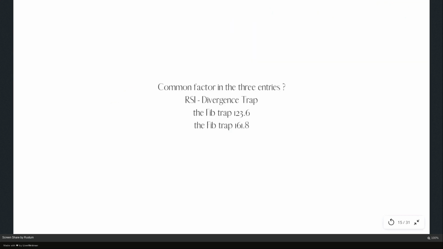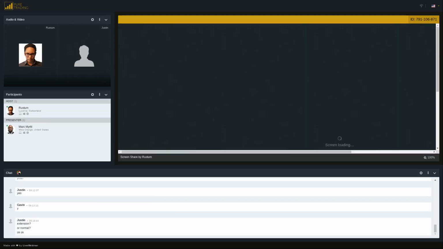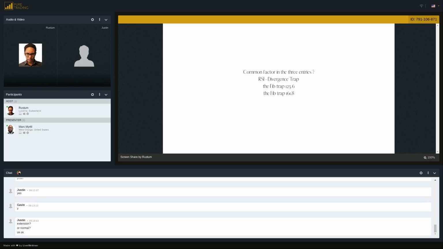So what is the common denominator, the common factor amongst this sort of trade, that I'm looking for here? What is it that I'm on about, what was common in the pattern that I just showed you? I think Gavin and Justin might know because they are used to trading stop-ons and situations like that.